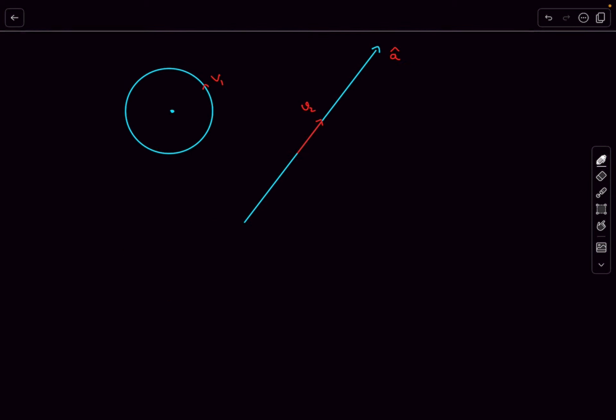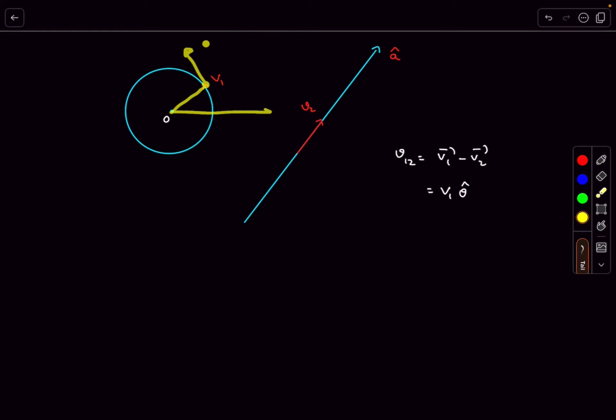Okay, so let's say the center of the circle is our origin, which means the relative velocity v12 is nothing but v1 vector minus v2 vector, and v1 vector I can write as the magnitude v1 times theta cap, where theta cap is the unit vector along the tangential direction, and v2 vector we can write as v2, which is its magnitude, times a cap.